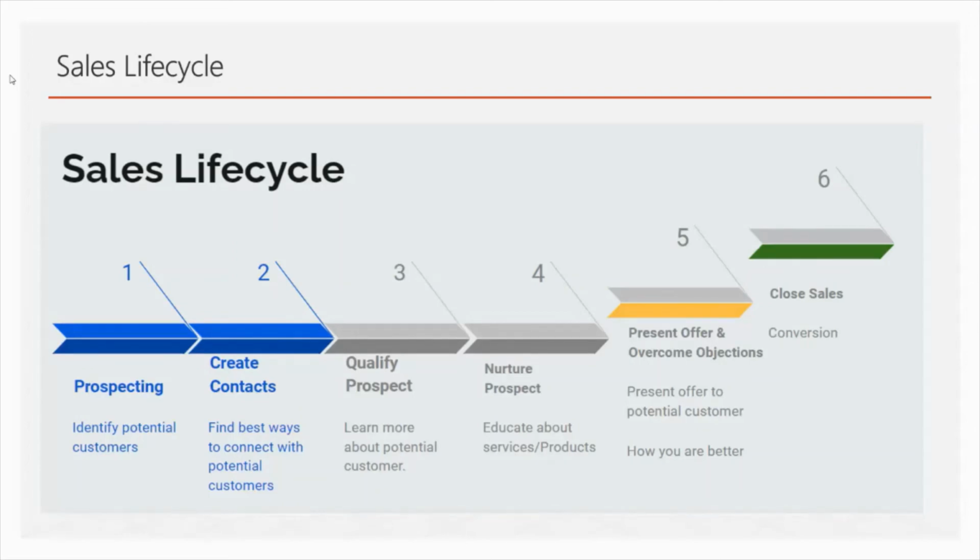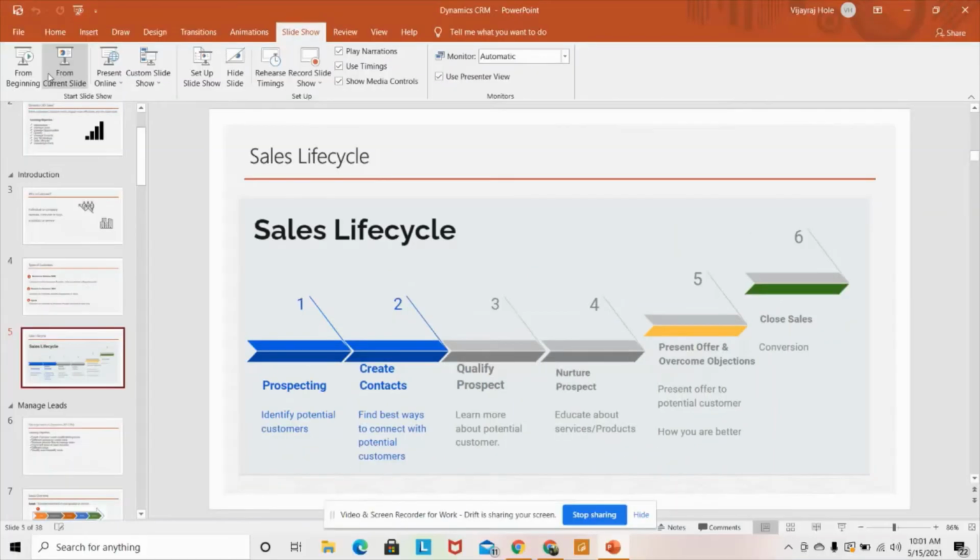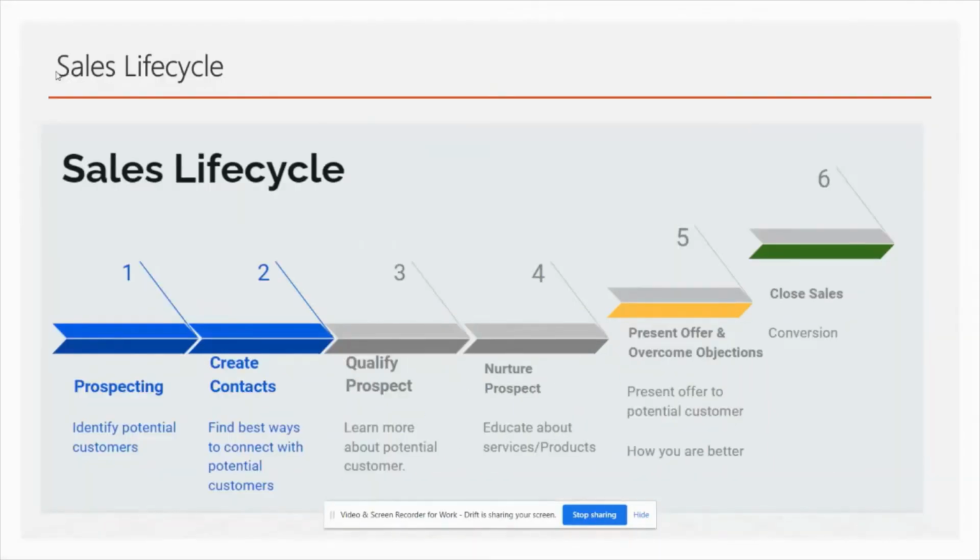Next is the sales life cycle. We'll be talking about it in the next module. In this module, we'll learn about the sales life cycle. Typically, the sales life cycle has 1 to 6 methods or processes.